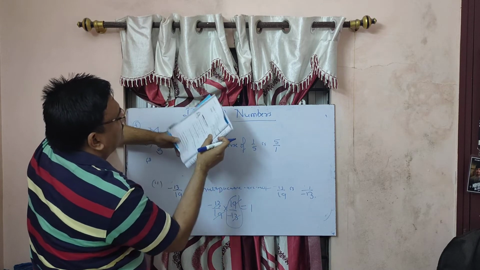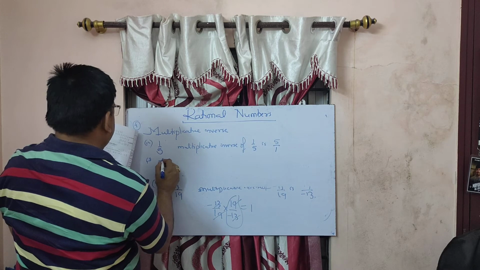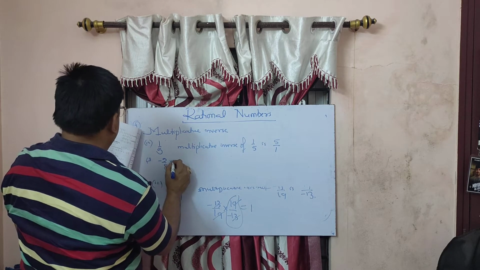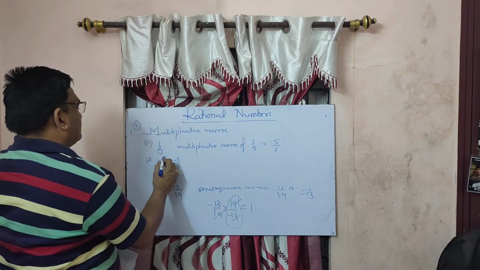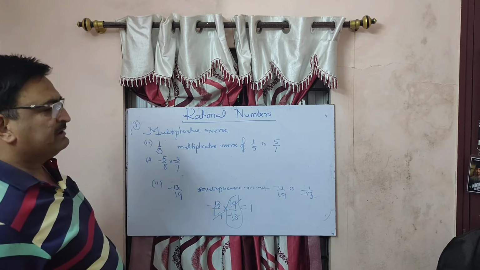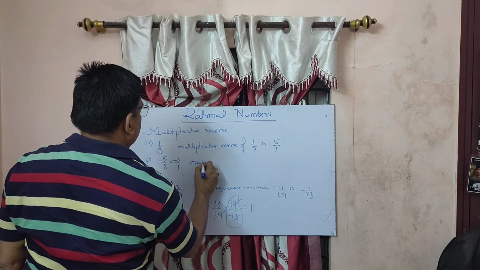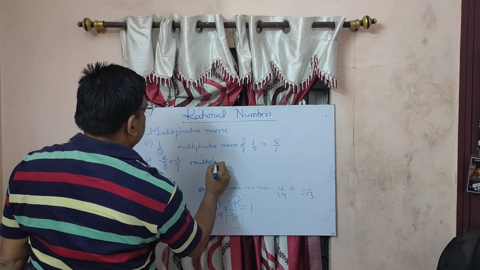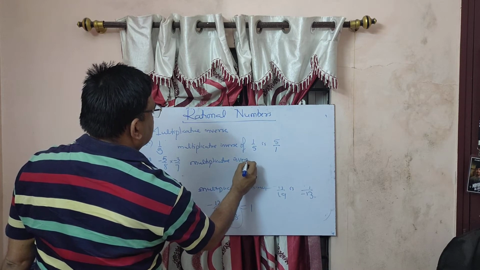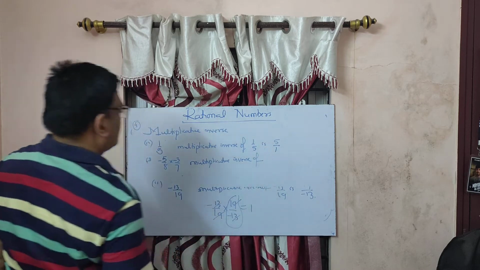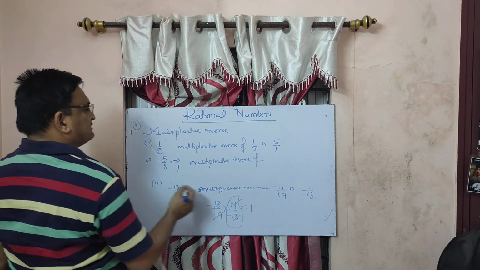Same way, the fourth one, minus 5 upon 8 into minus 3 upon 7. So what is the multiplicative inverse of this? See, minus into minus is what?